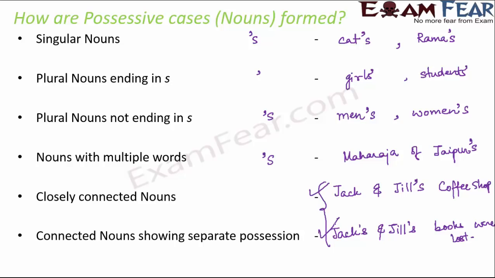But if you are talking about an ownership which is a combined ownership of the two, in that case you can just put apostrophe S at the last noun. That's it. So these are some of the rules that you need to follow to make possessive nouns.